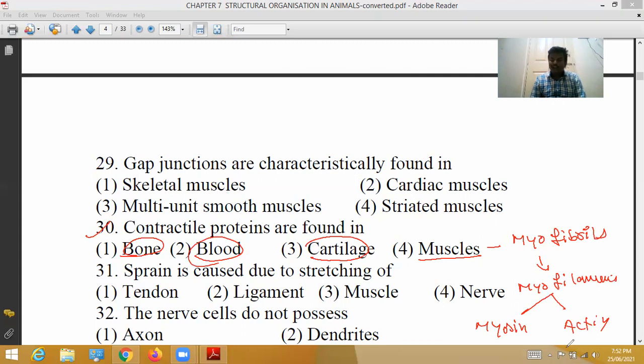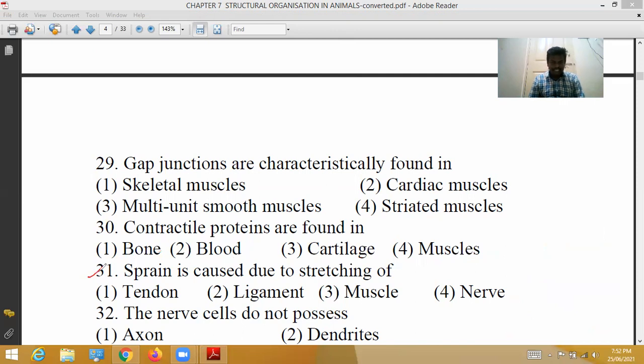So contraction occurs due to sliding of actin filaments on myosin filaments. Sliding means movement of muscles occurs due to myosin and actin filament. So for that 30th question, the correct option is 4.